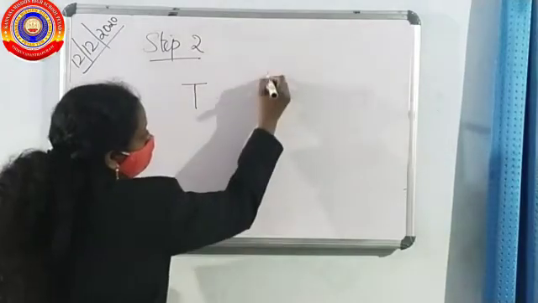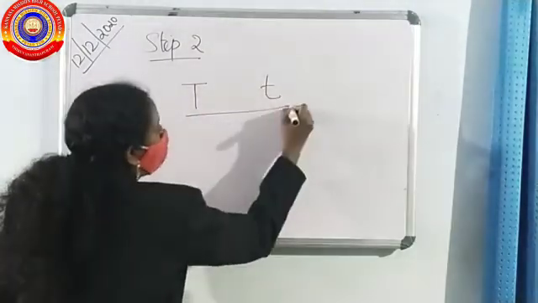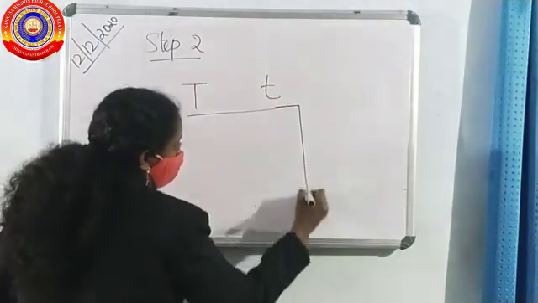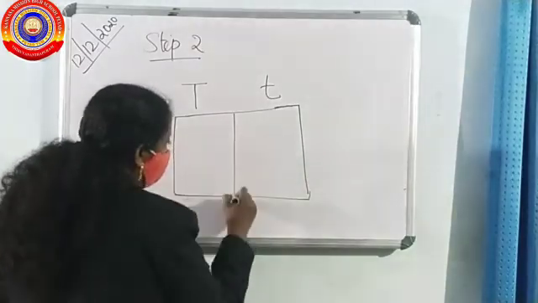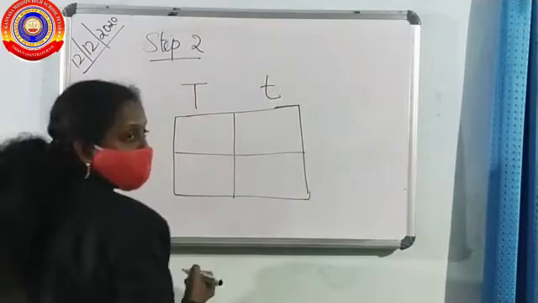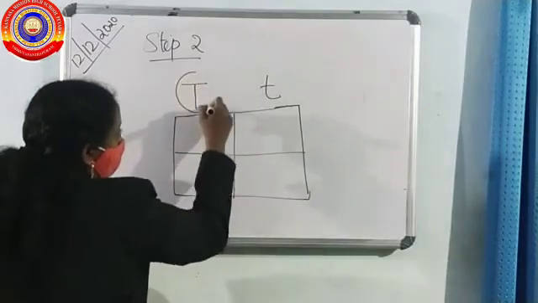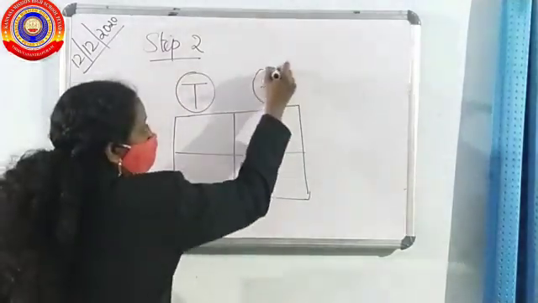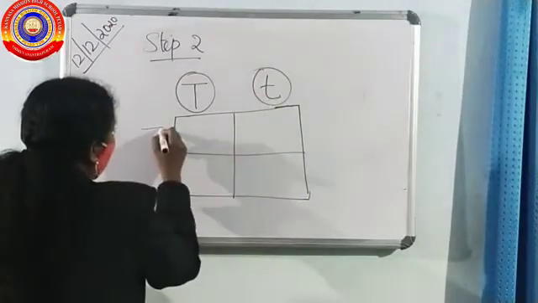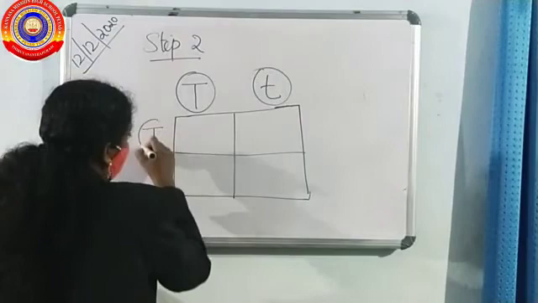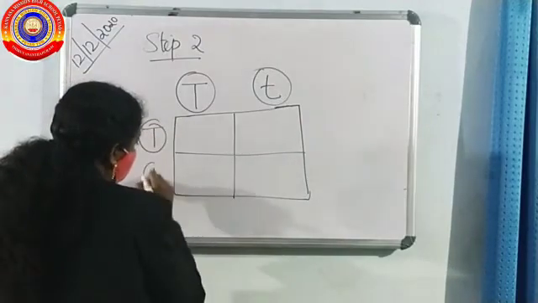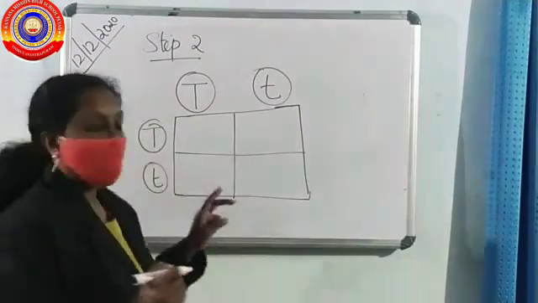That means the gametes obtained in the F1 generation are self-pollinated by using rows and columns. 2 rows and 2 columns are used. We have to put a round mark around the gametes. Self-pollinating the gametes. Watch clearly how the gametes are crossed.